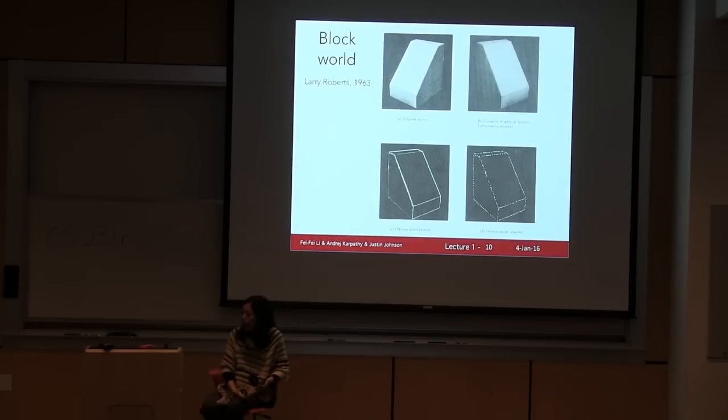Just as Hubel and Wiesel were discovering that the visual world in our brain is organized by simple edge-like structures, Larry Roberts, as an early computer science PhD student, was trying to extract these edge-like structures in images, as a piece of engineering work.